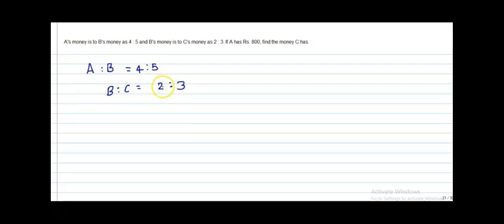Now A has 800 rupees. So let us assume that A has 4x and B has 5x, because it's given that A's money and B's money are in the ratio of 4:5.